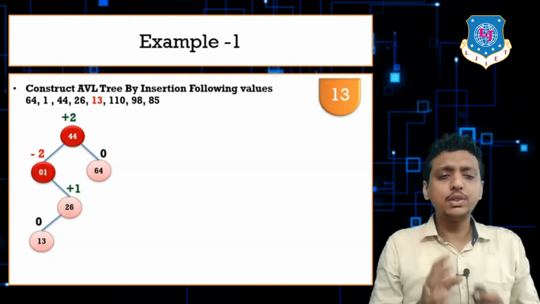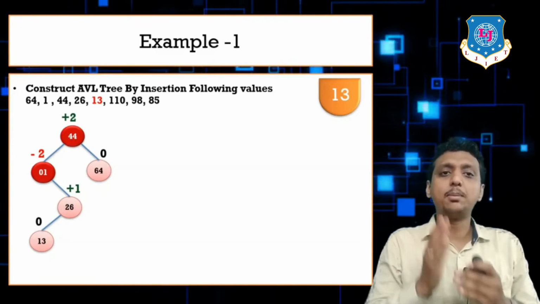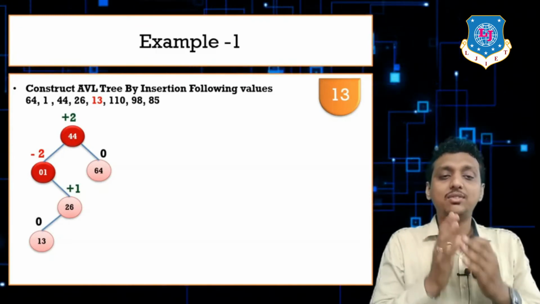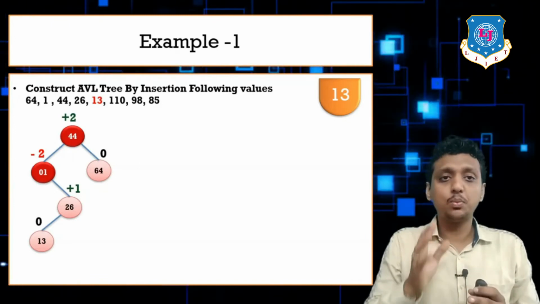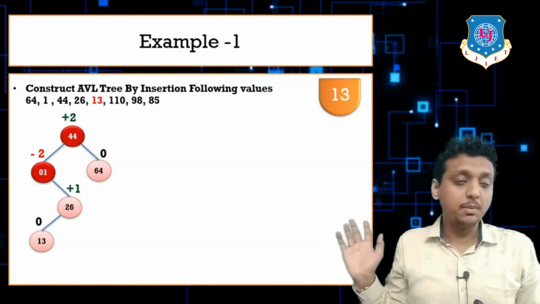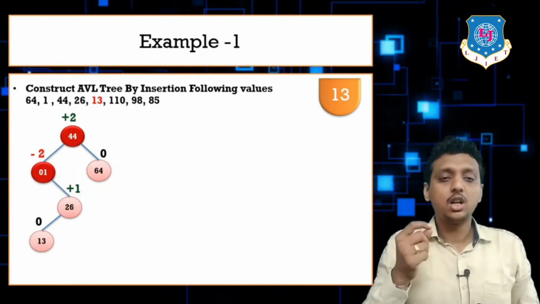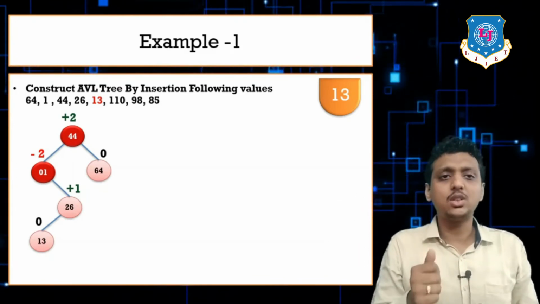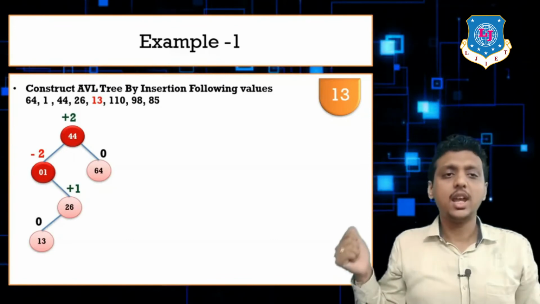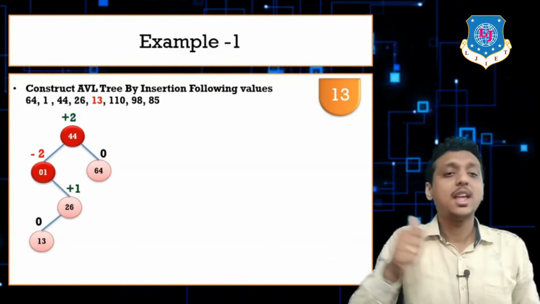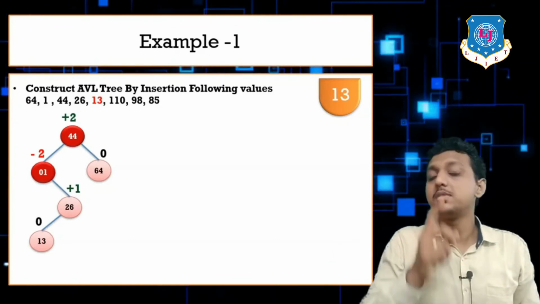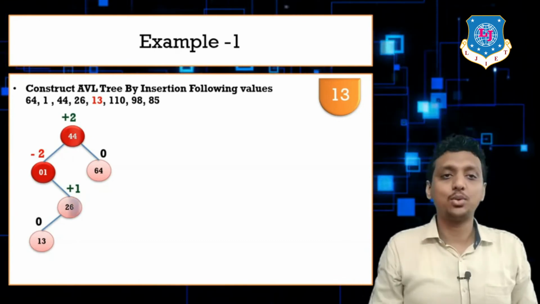So here we need to apply double rotation. That is -2 +1, which means my bottom node becomes left heavy and the upper node becomes right heavy. So on 26 I need to apply right rotation, and on 1 I need to apply left rotation. So it becomes RL rotation.